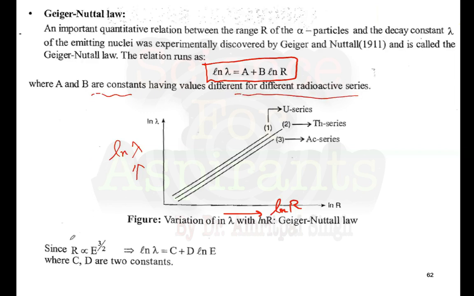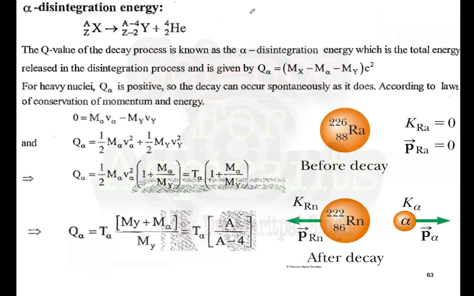The range can also be compared with energy values, and we can plot the logarithmic value in terms of energy and then find the constants. So this is the Geiger-Nuttall law, which relates the range of an alpha particle to its decay constant, R in terms of lambda.